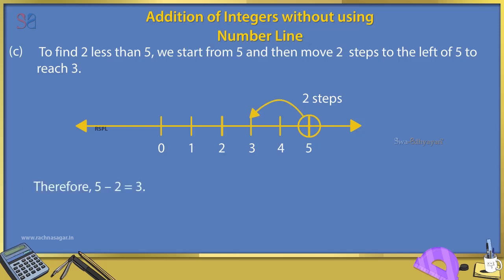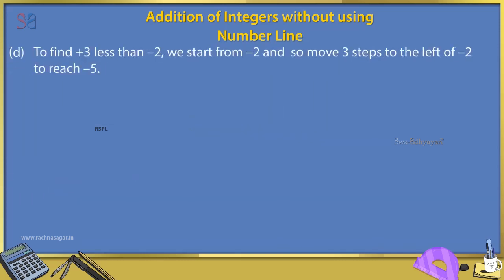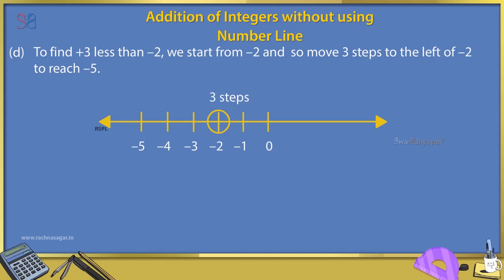Therefore, 5 minus 2 is equal to 3. D. To find 3 less than -2, we start from -2 and move 3 steps to the left of -2 to reach -5. Therefore, (-2) minus 3 is equal to -5.